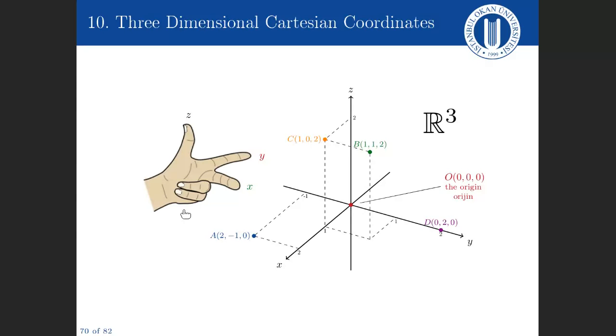We draw the axes so that our middle finger points along the x-axis direction, our index finger points along the y-axis direction, and our thumb points along the z-axis direction. Anytime you see a picture like this, imagine holding up your left hand, rotating your hand so that your fingers line up with the axes.